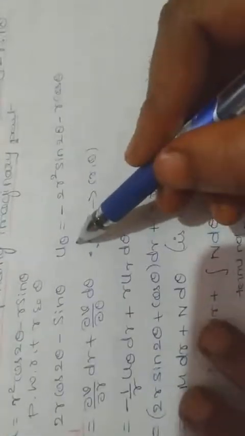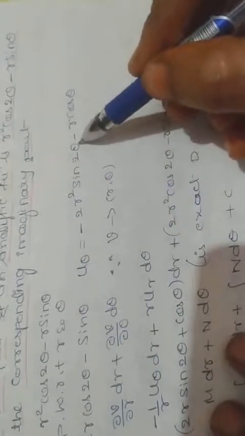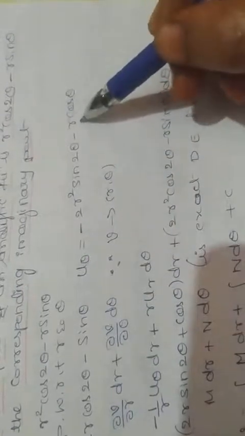Next, u_theta: r square is a constant, and the derivative of cos 2 theta is minus 2 sin 2 theta, so u_theta is minus 2 r square sin 2 theta, and the derivative of sin theta is cos theta, with r a constant, so minus r cos theta.